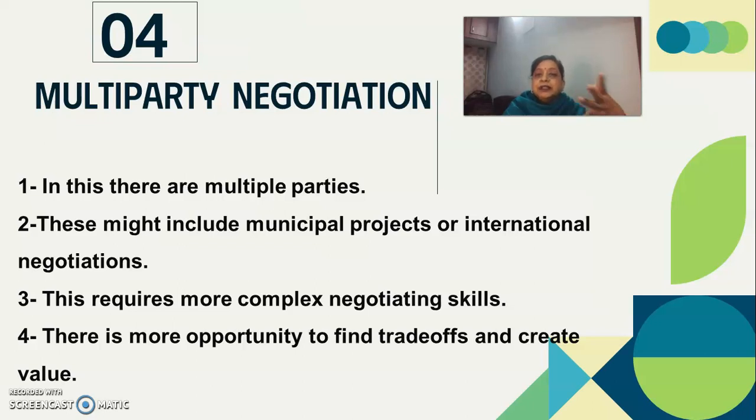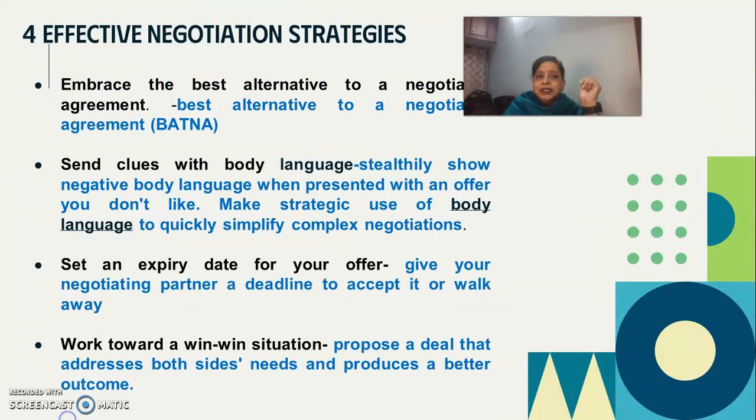And then to be able to convince and persuade other people, to be able to justify why you are negotiating like this. So you need a lot of complex skills to be able to understand emotional intelligence, to be able to know what the people are thinking and what is your go on it. And so there's more opportunity to find trade-offs and create value if you have good skills, and that's multi-party negotiation.